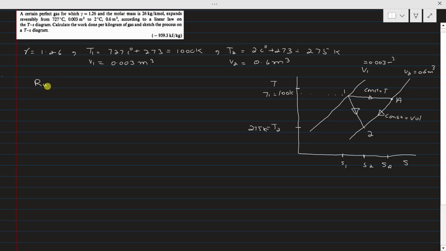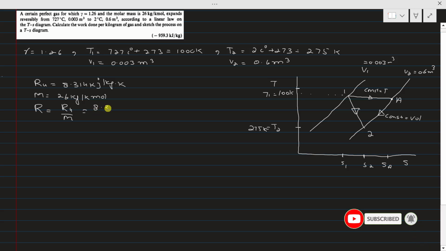Now the universal gas constant is 8.314 kilojoule per kmol Kelvin. The molar mass of this gas is given, that is 26 kg per kilomole. We need to find the gas constant for the gas, and it will be equal to Ru divided by its molar mass.